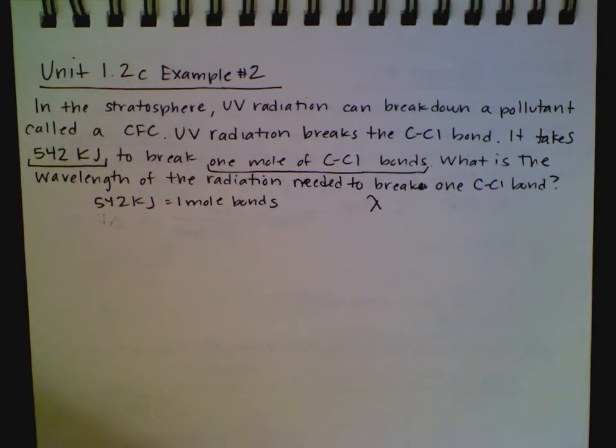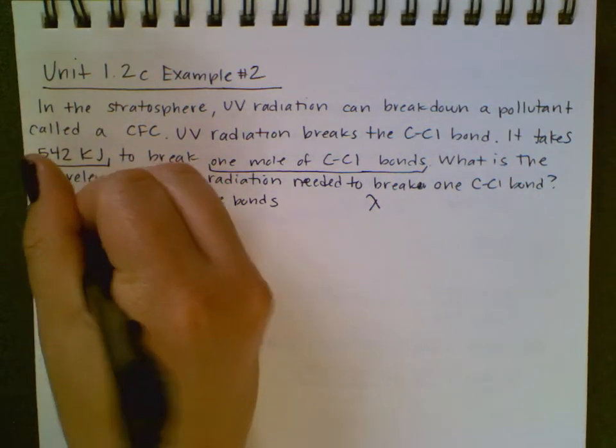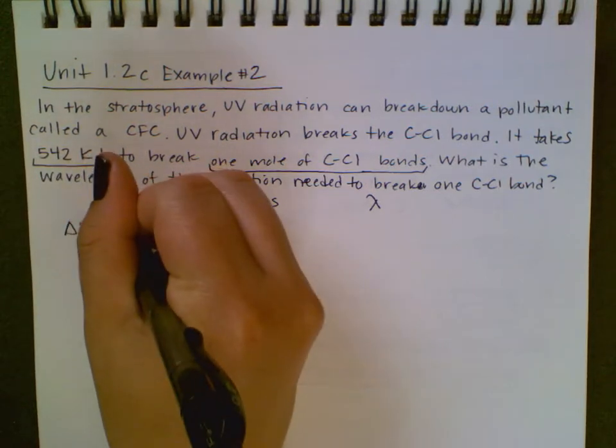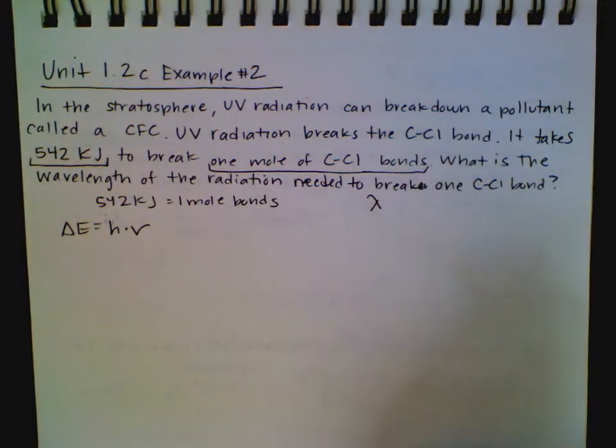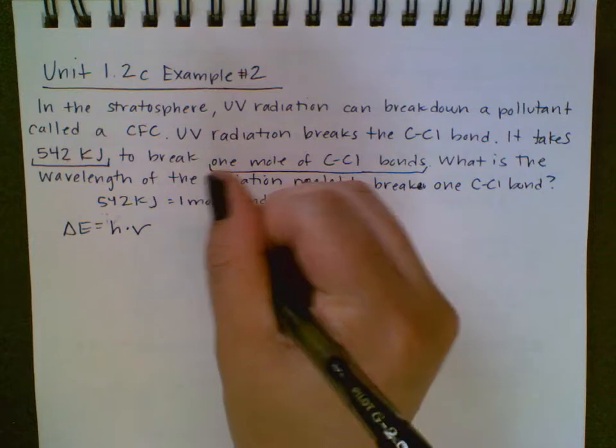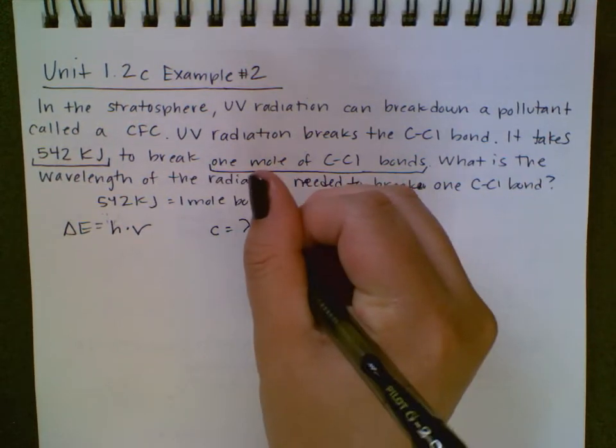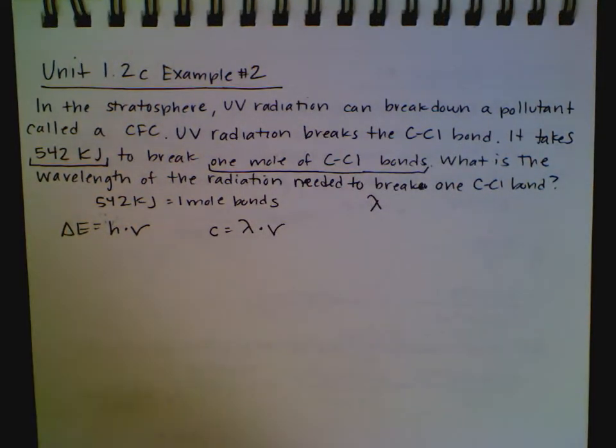But if you think about it, we have two separate equations. We have change in energy is equal to Planck's constant times the frequency, and then speed of light equals wavelength times frequency. So they're tied together, but not necessarily in an easy way, and that can be kind of frustrating.